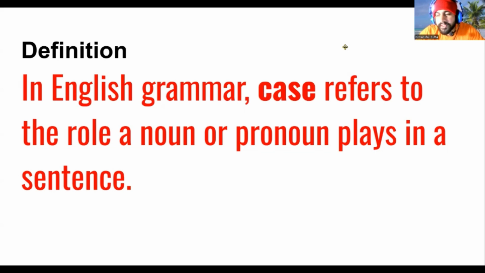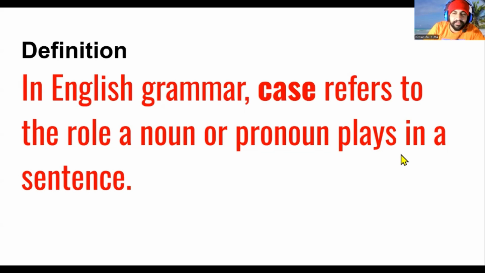How those names play a role in the sentence is decided by the word case. We will talk about that thereafter.